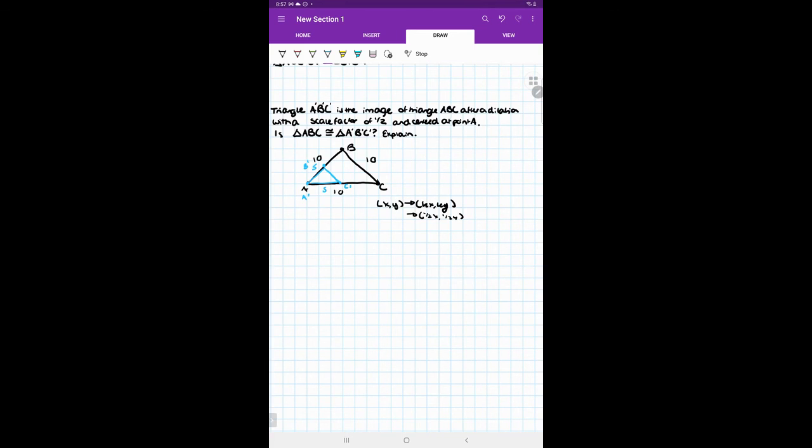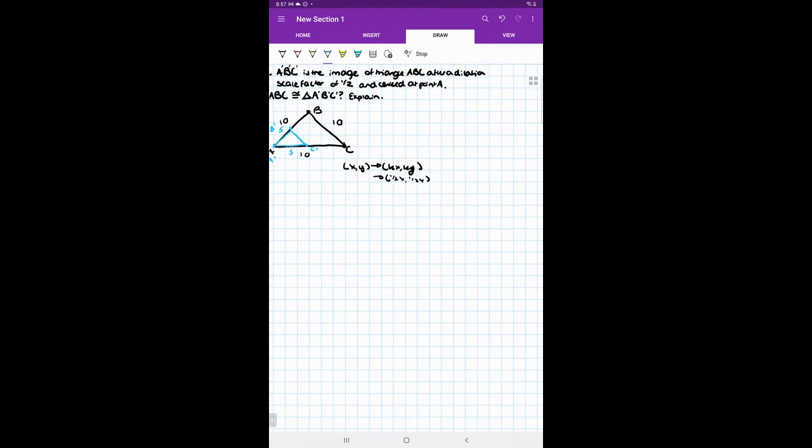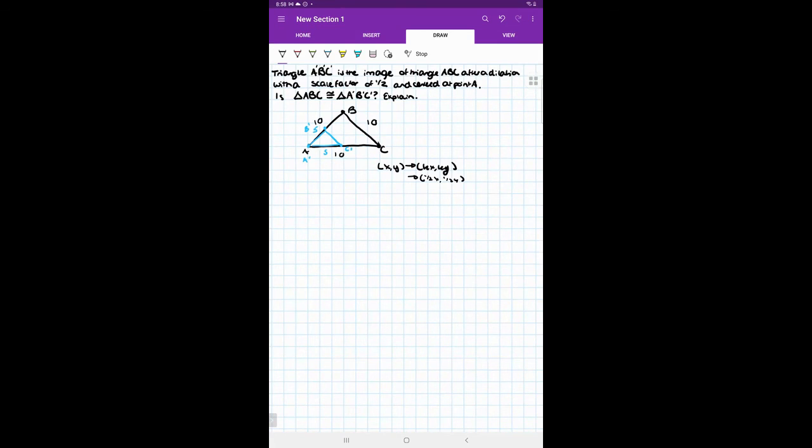Now, is triangle ABC congruent to triangle A'B'C'? Well, looking at it immediately, we see that it's not. There's no way to cut out triangle ABC and just turn it around and manipulate it so that it will overlay A'B'C'. No, ABC is not congruent.